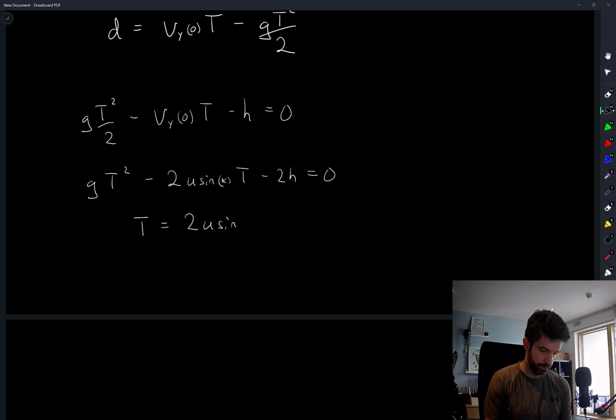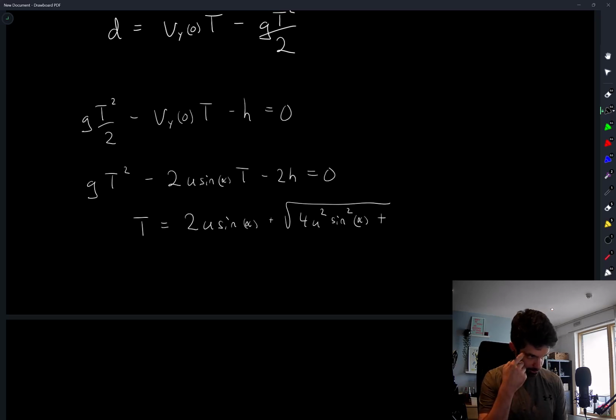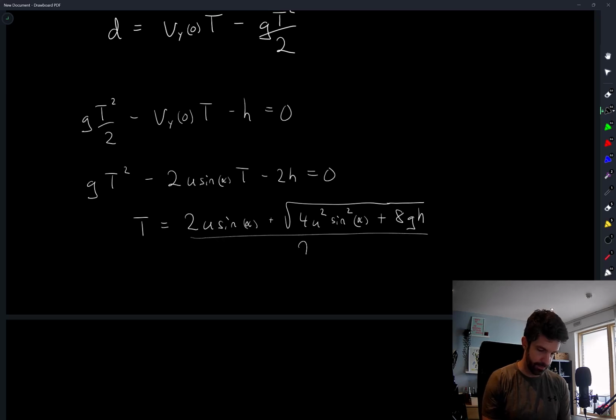2u sine alpha plus the square root of 4u squared sine squared alpha plus 8gh, divided by 2g.